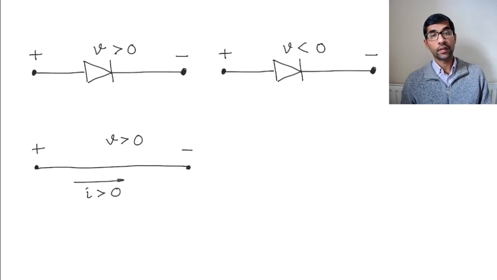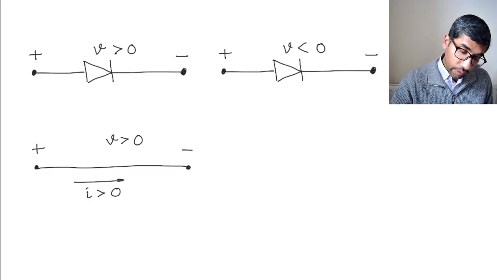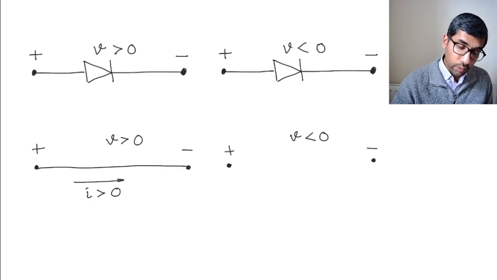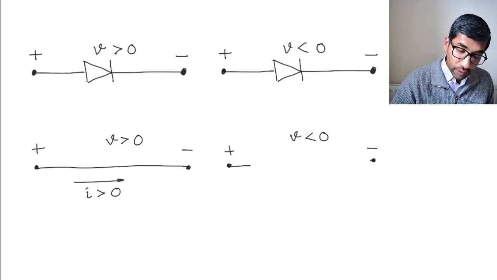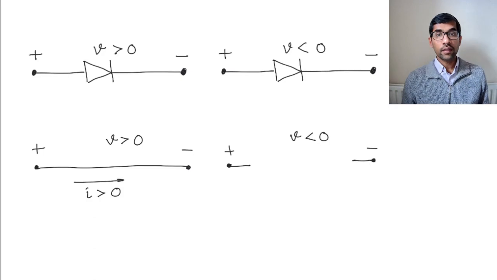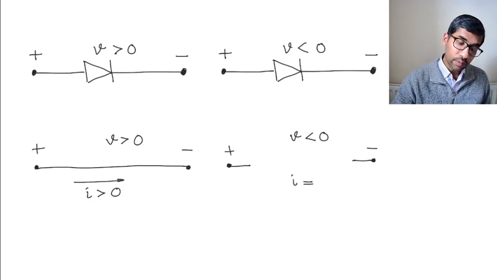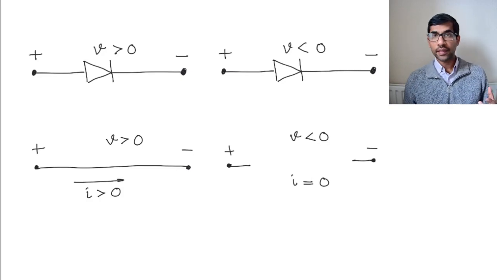Okay, now if the voltage across the diode is less than zero, as is in this case, V is less than zero, then the diode model is basically an open circuit. Okay, it's not connected, and therefore the current has to be equal to zero. Does that make sense?